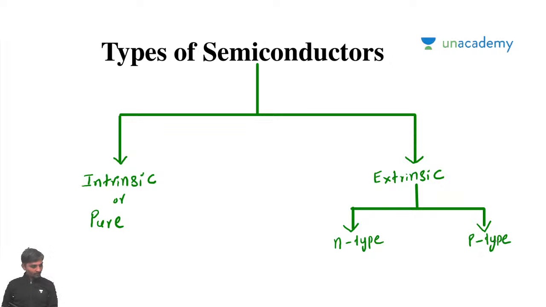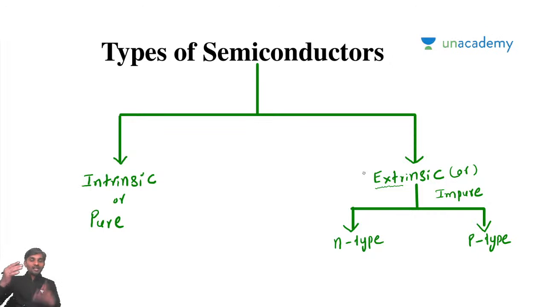These extrinsic semiconductors are also called the impure form of semiconductors. Remember in your life, never forget that extrinsic is nothing but external.